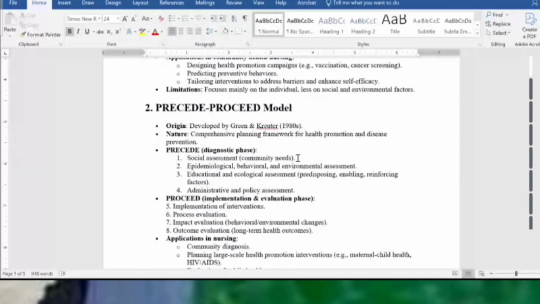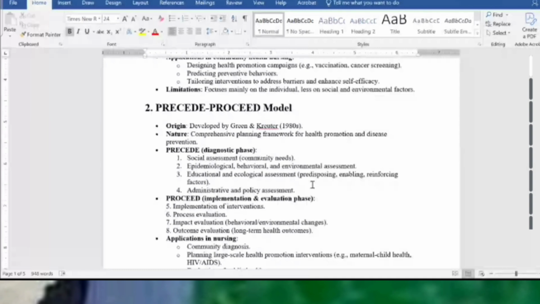Then there is what we call educational and ecological assessment in regards to predisposing factors, enabling factors, and reinforcing factors. We look at whether we have the knowledge, the attitude, and the skills required to tackle these predisposing, enabling, or reinforcing factors.